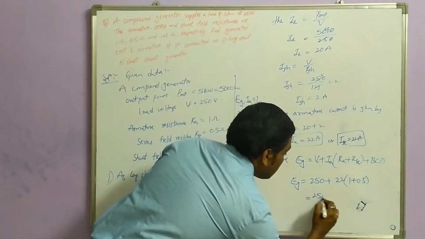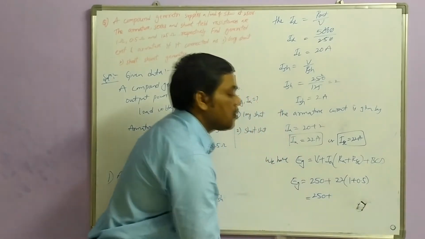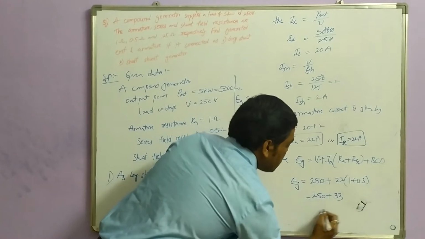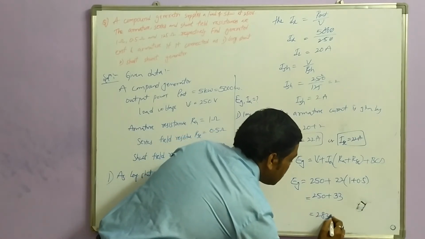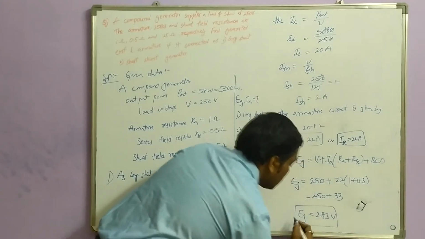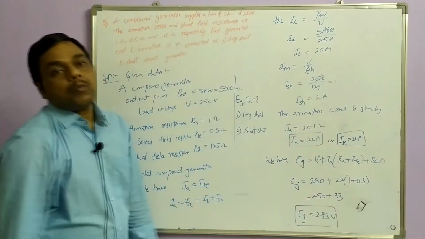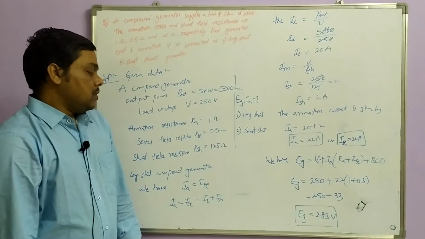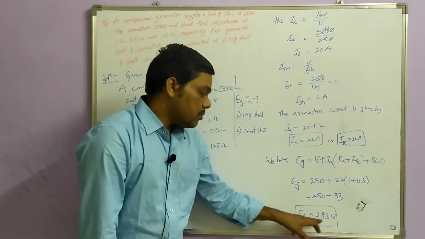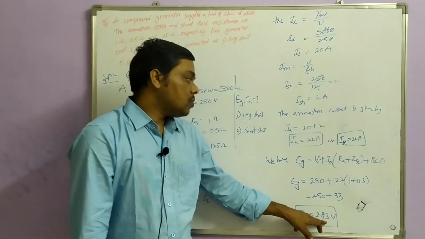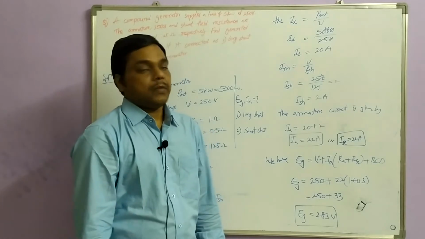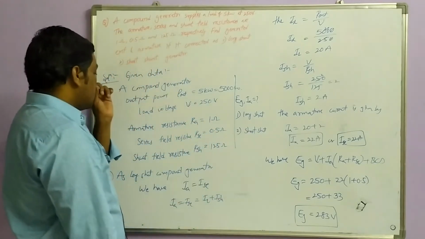So 250 plus 22 into 1.5, which is 33, so 283 volts is the generated EMF for the long shunt compound generator. This generated EMF would be 283 volts at the armature current of 22 amperes. Now this is the first case.